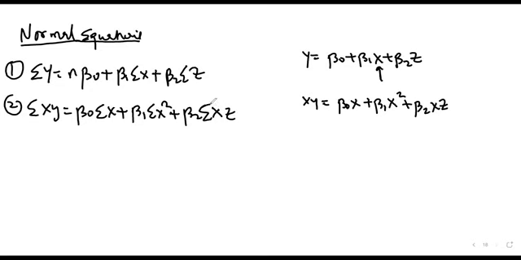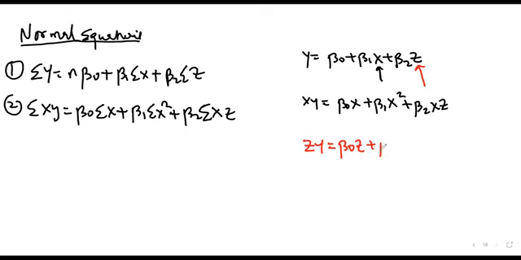Now, the final normal equation, you will take this guy here, z, and multiply everywhere by z, so you'll end up with zy is equal to beta naught z plus beta 1 zx plus beta 2 z square. The reference point is always the first equation.